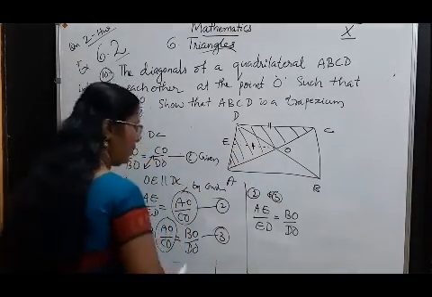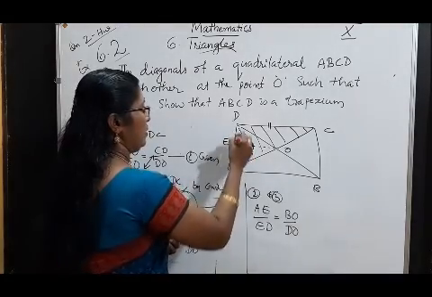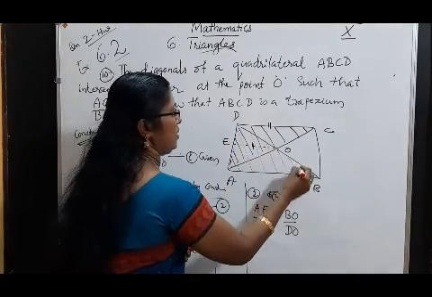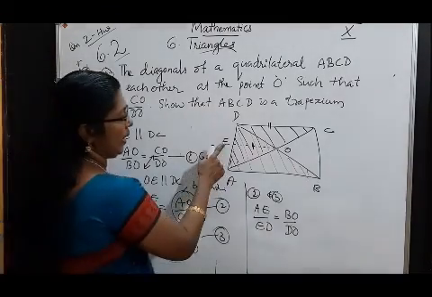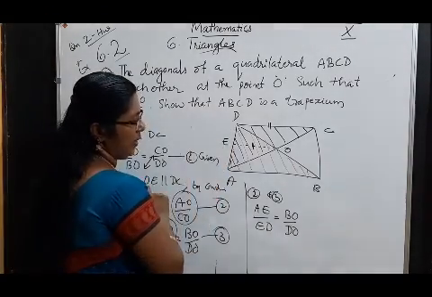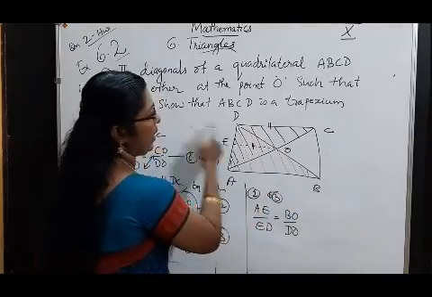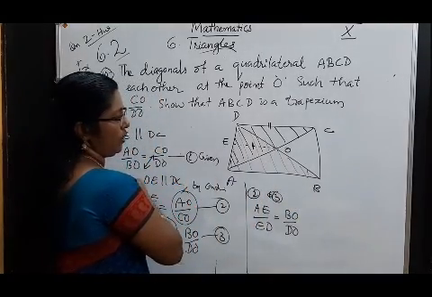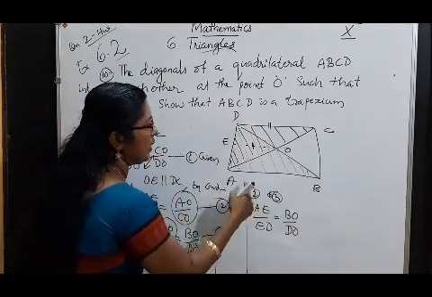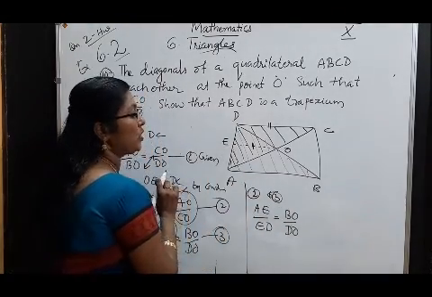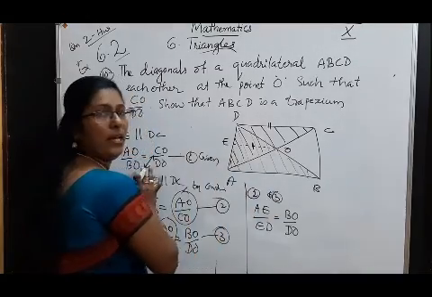Consider this triangle. This represents the triangle ABD, isn't it? AE by ED equal BO by DO. That is triangle ADB. By the converse of basic proportionality theorem, AB parallel EO.